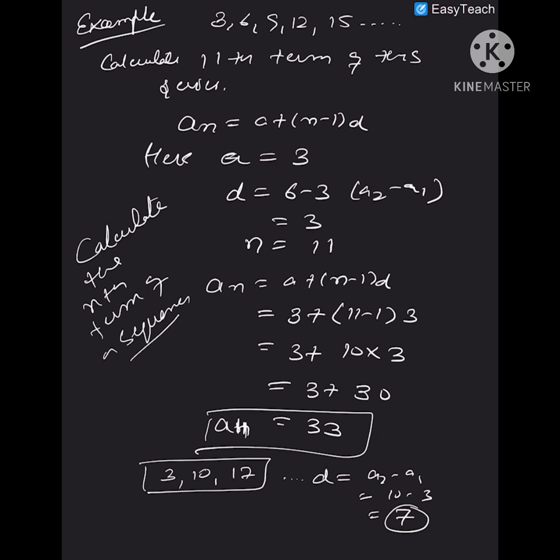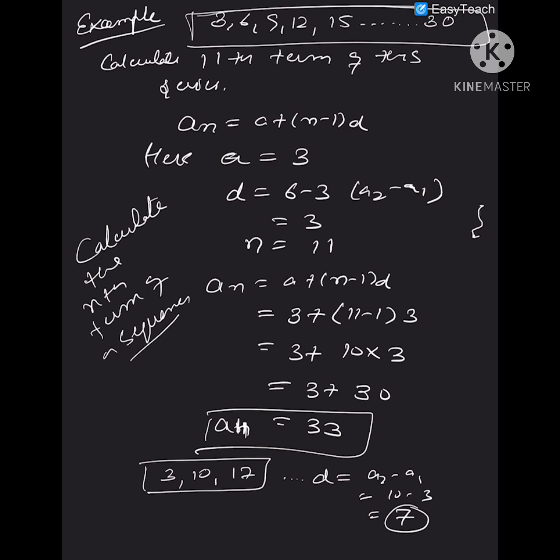However, I wanted to tell you one more formula. If in a series, taking this example, there is 30 at last, this is the end of the series, and someone asks you what is the 5th term from the last in this series.